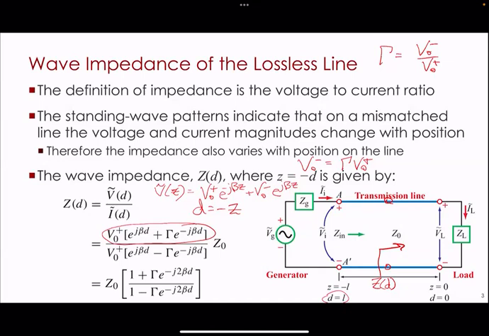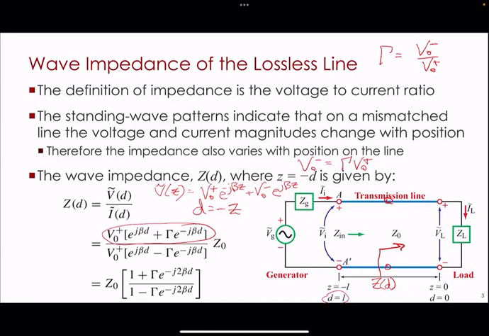All right, we could just do one simple thing then. What if we factored an e to the j beta d out of the top and out of the bottom? Well, that would just go to 1, because we pulled it outside.